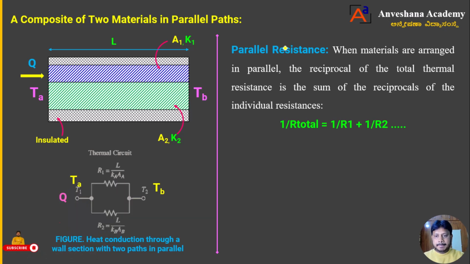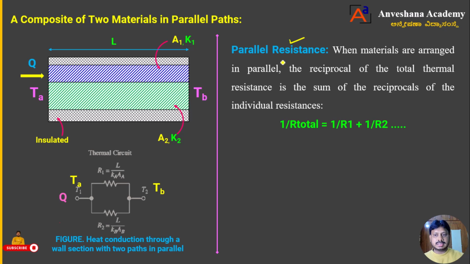I will take two materials here, and those two materials are arranged in parallel. Then I am going to supply heat at one end. The heat is going to transfer from the high temperature region to the low temperature region. But here the two metal plates, or planes, or slabs, are arranged in parallel to each other. So what is that parallel resistance?